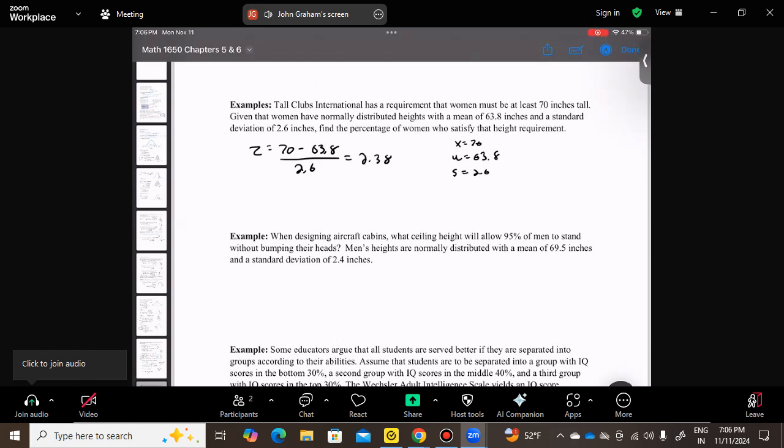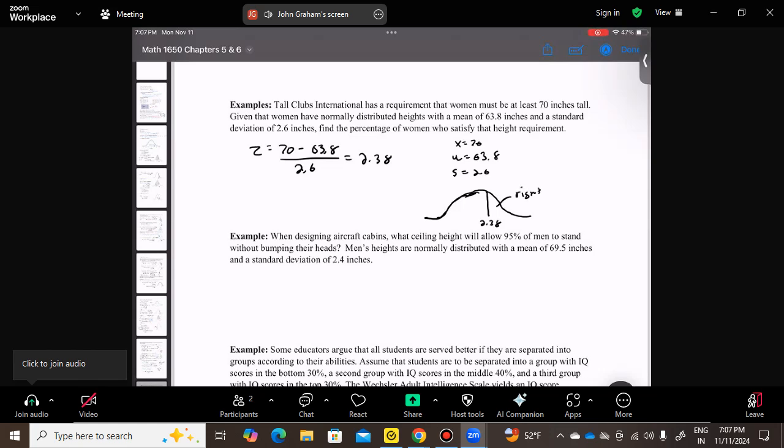And we want to know the percentage of women, not the best normal distribution, but I do my best in drawing, that are above this value. So this is your 2.38. We want to know the area to the right.